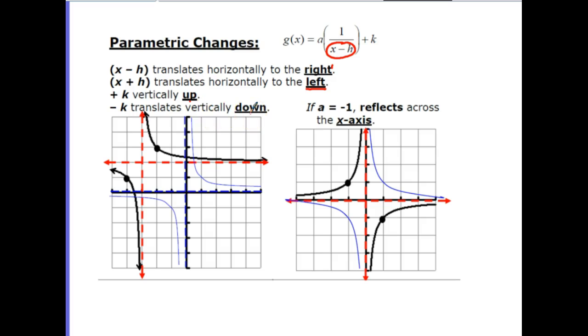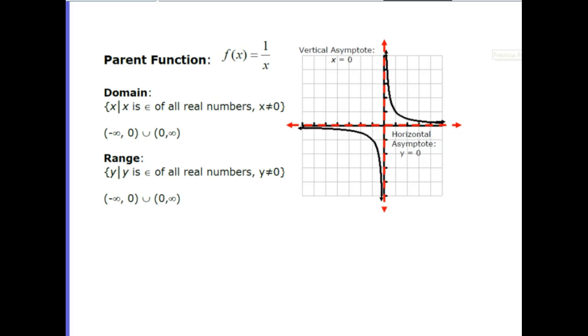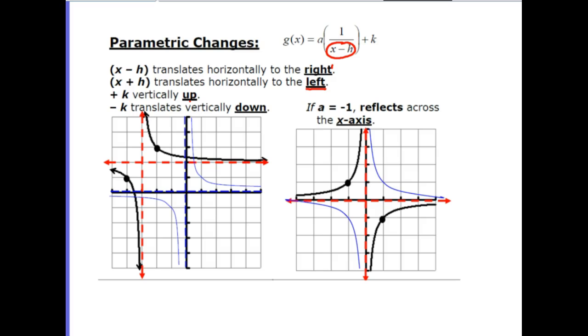Well, what is it that I'm moving up and down and left and right? I'm moving this parent graph. So on my notes up here, this graph that's in blue, that's the parent graph, and it has an asymptote here, and it has an asymptote here. So, where has this been moved?